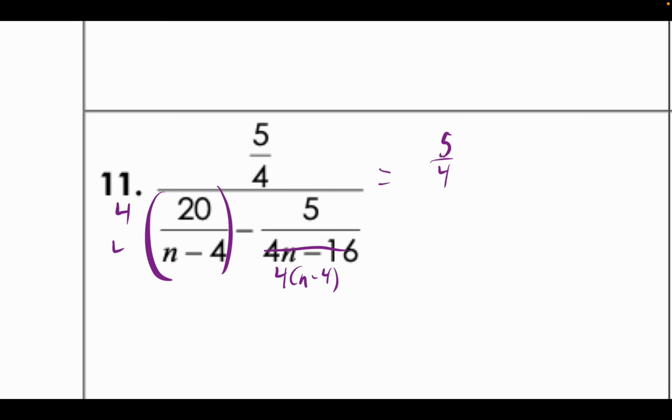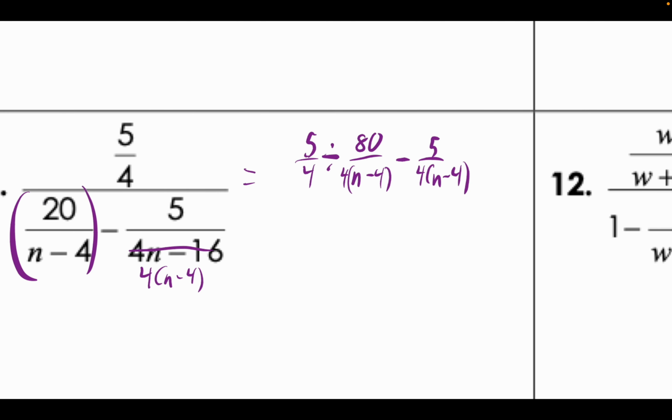So multiply the top and bottom by 4, and then this will be 80 over 4 times n minus 4, I should say, minus 5 times 4 times n minus 4. So then I'm going to have 5 over 4 divided by 80 minus 5, which is 75, over 4 times n minus 4.